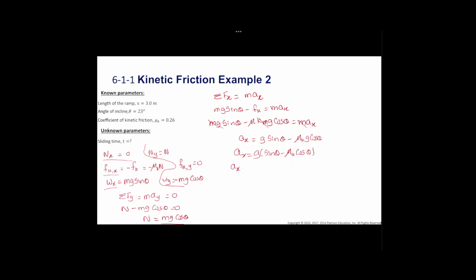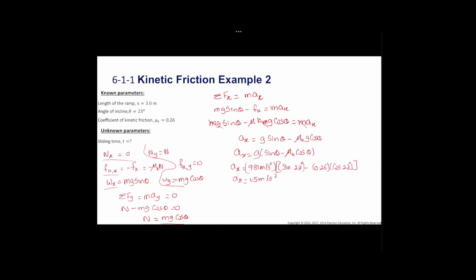So we can substitute the numerical values and find the answer. g is 9.81 meters per second squared, theta is 23 degrees, mu k is 0.26. Therefore the acceleration is 1.5 meters per second squared.